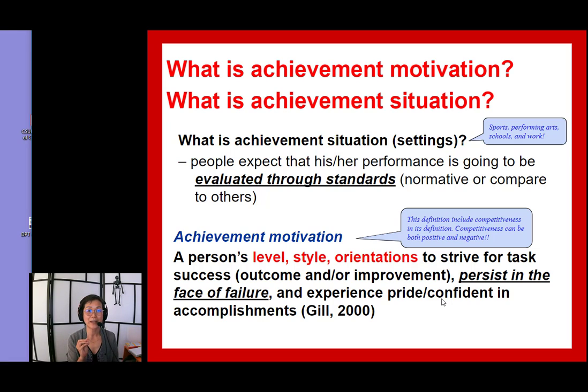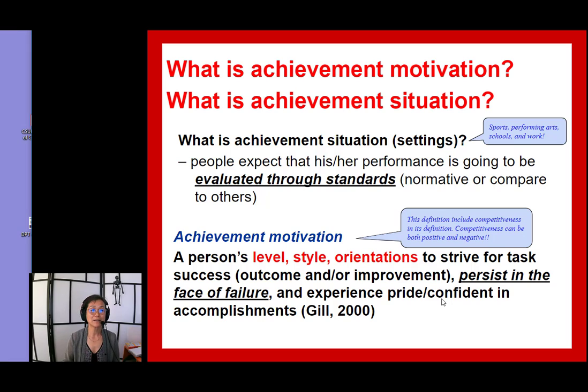Task success could be outcome or improvement depending on how people define their success. People define success differently, right? So strive for task success, which could be outcome and or improvement. And this is the key in achievement motivation: persist in the face of failure and experience pride and confidence in their accomplishment.